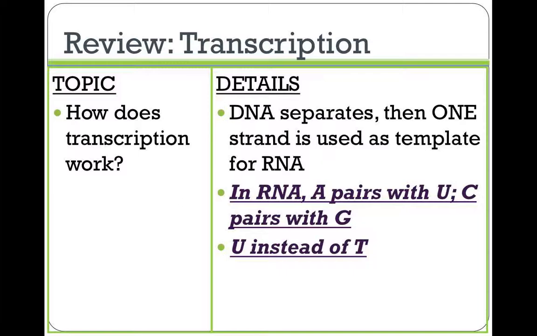So in DNA replication, for example, the DNA would unzip and then both strands would make new DNA. That is not the case for transcription. For transcription, only one strand is the template. And again, as we mentioned before, in RNA, A will pair with U, C will pair with G, because there is U instead of T. That is the only difference there.